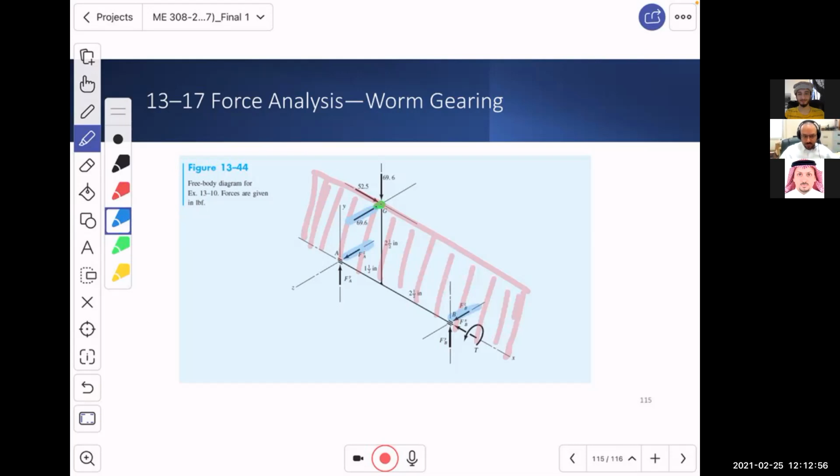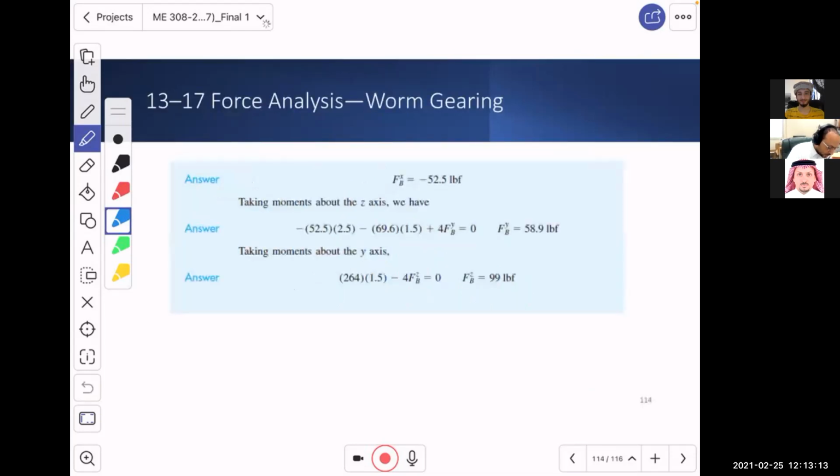Once you have this, which means that this point is not shifted, it is convenient, not difficult, to do the summation of the forces, summation of the moments, and so on. This is what has been done. It was determined using a simple scalar formulation. So this is FBx, this is FBy, and this is FBz.